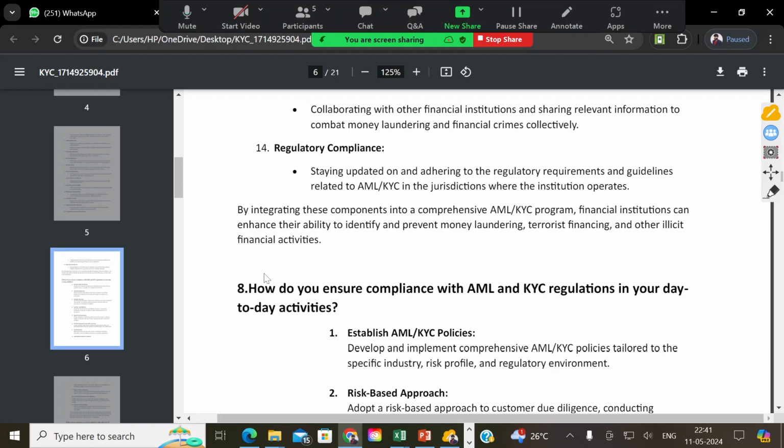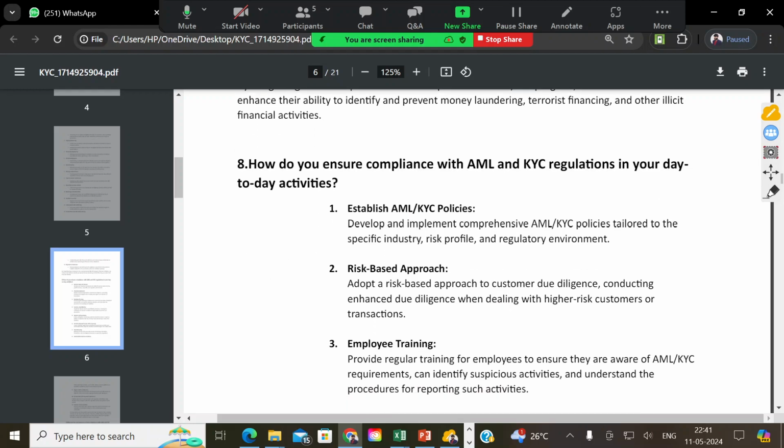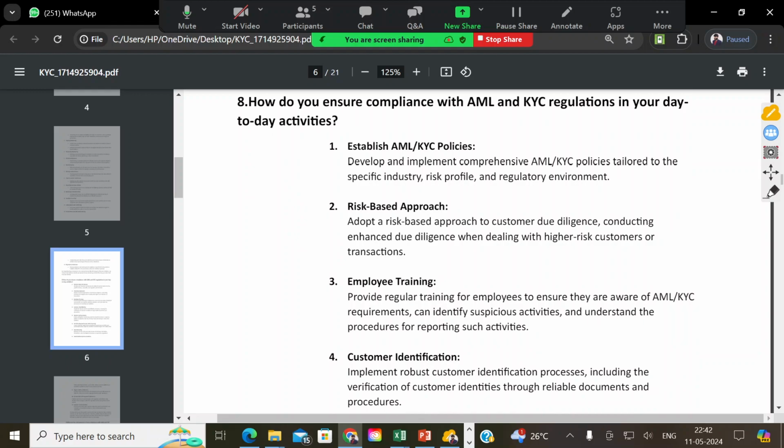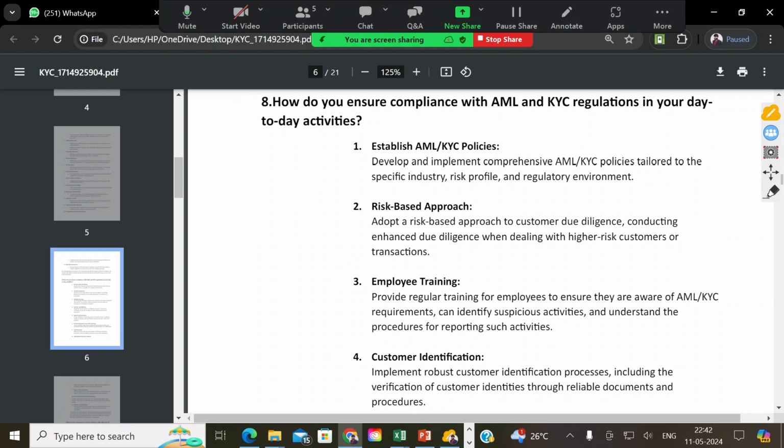All right. So now the another question we have is, how do you ensure compliance with AML and KYC regulations in your day-to-day activities? You can establish AML KYC policies, whatever you have mentioned by your organizations, and you can cross verify it. Always go ahead with the risk-based approach as well. Risk-based approach means PEP accounts that come under a high risk category, or any high value transaction, let's say 1000 crore, 2000 crore.